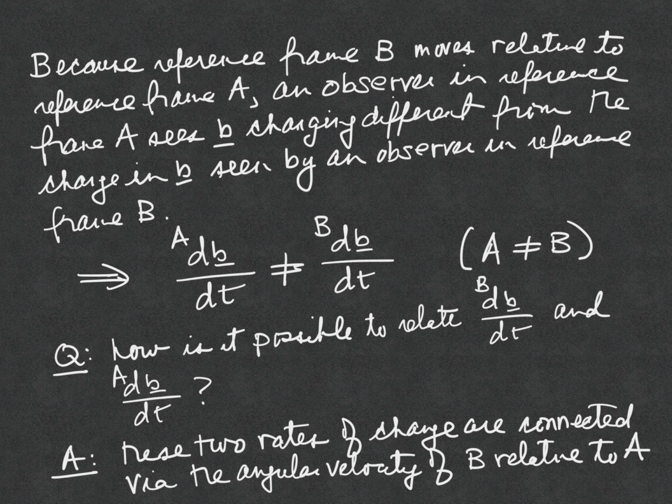Now, this is still somewhat abstract, so it is a little bit easier to see this through example, and then we have to get into quantification of these rates of change using particular coordinate systems, which is what we're going to do now. So rather than continuing with the abstractness of two frames and a vector, we're actually going to use an example now to show how all of this plays out.